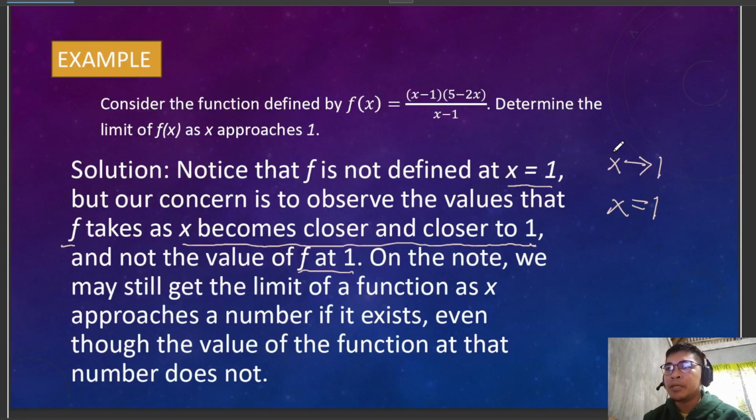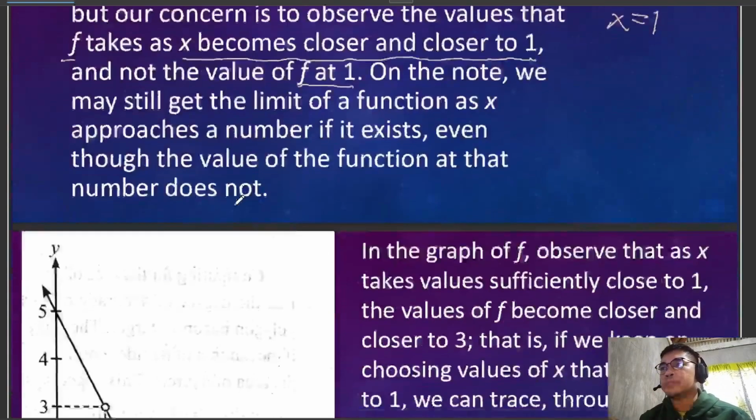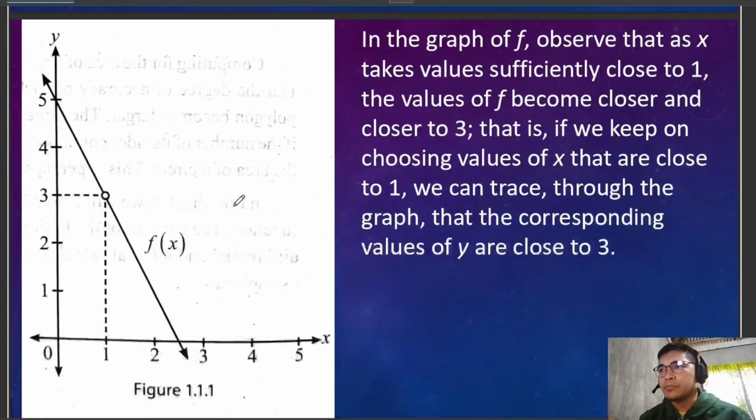If a limit exists, we can have x approach a number even though the value of the function at that number does not exist. We will discuss further to get the concept about limit. Continue.